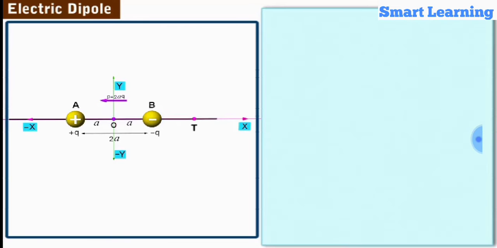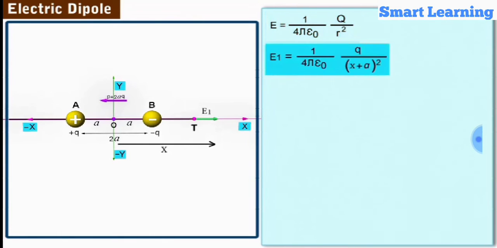The magnitude of electric field strength E due to a charge q at a distance r from it is given by E is equal to 1 by 4 pi epsilon naught into q by r square. The magnitude of the electric field strength E1 due to the charge +q is equal to 1 by 4 pi epsilon naught q by (x plus a) whole square. Let us label it as equation 1.